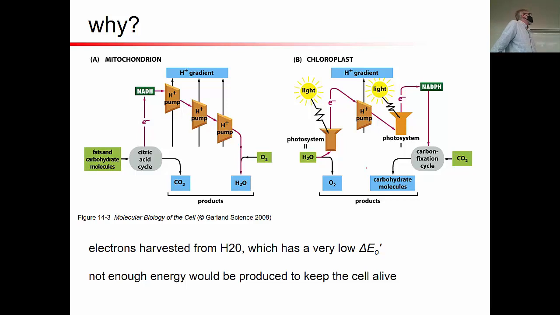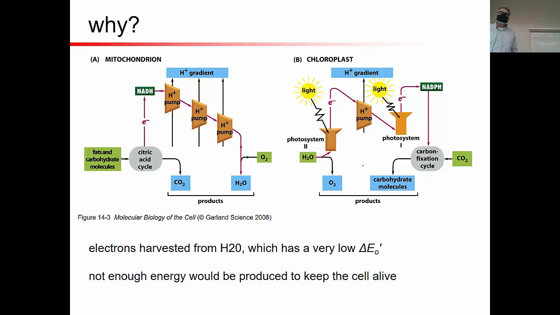The reasons that these are a little bit different can be seen here. In the previous system, we were harvesting the electrons from sugars or fats and moving those electrons onto NADH or FADH2, which are very good electron donors to an electron transport chain.